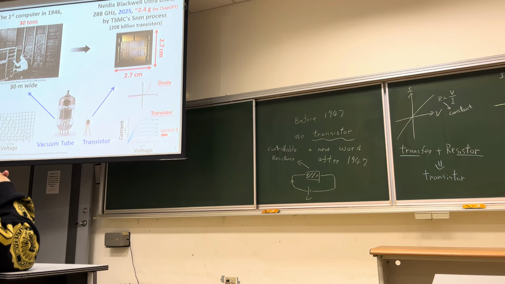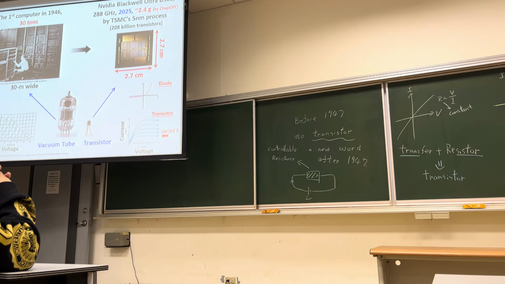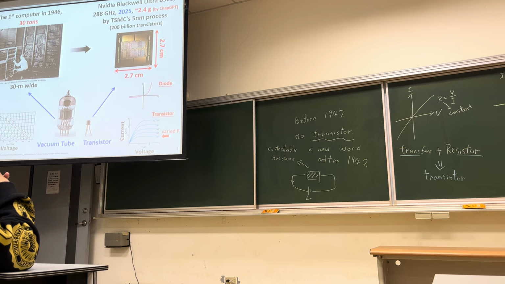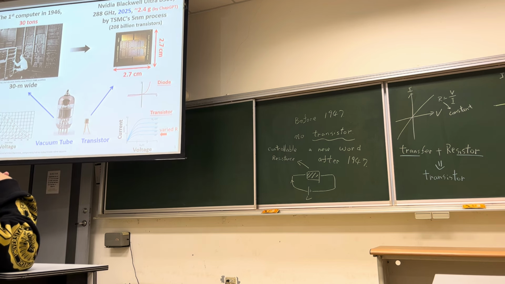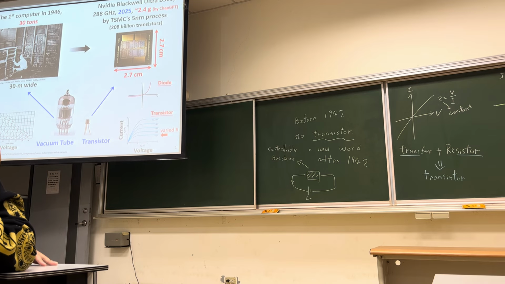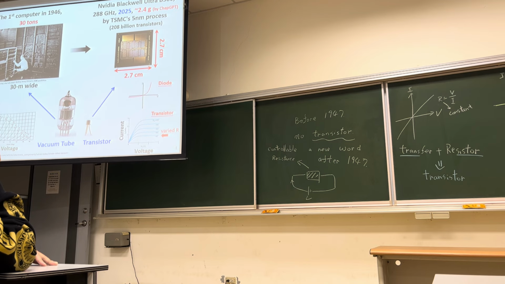V from 1, V from 2, V from 3, V from 4. Okay? So you don't have only 2 terminals, you have 3 terminals. So the third terminal is to control the resistance. Okay?